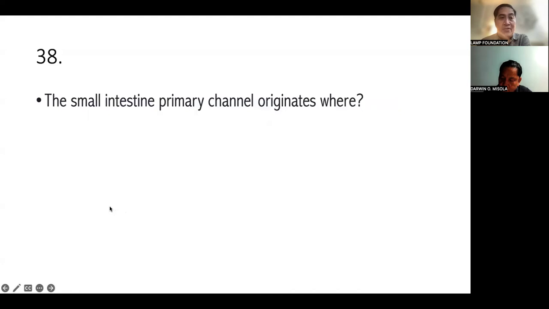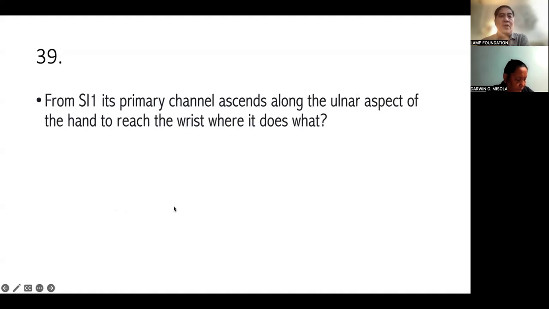Okay, sorry. Number 38. The small intestine primary channel originates where? On the little finger on the ulnar corner of the nail, SI1. Okay. Ulnar side, tip of the little finger. Very easy. From SI1, the primary channel ascends along the ulnar aspect of the hand to reach the wrist where it does what?